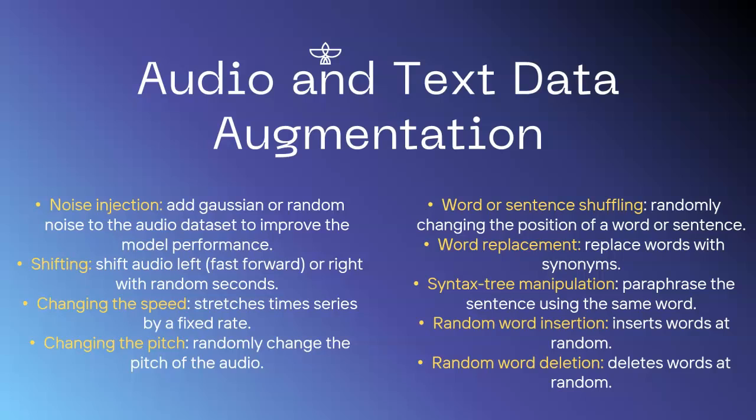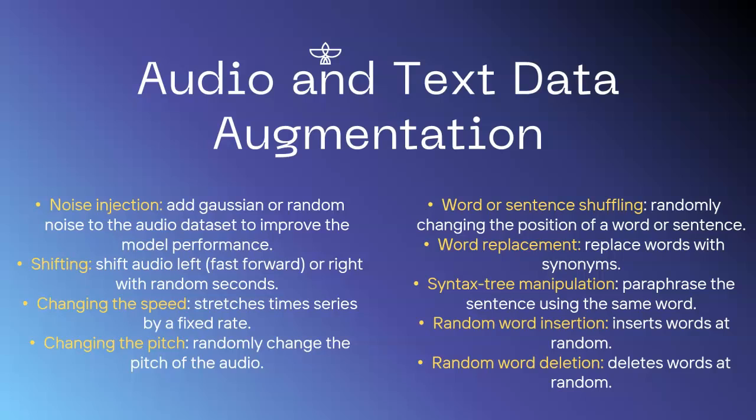So these are the different types of audio data augmentation. Coming to text augmentation, here we can change the word position, or we can change the position of a sentence in the particular paragraph. Next, word replacement. If you have many synonyms, what is meant by synonyms? You can replace that word with other synonyms.